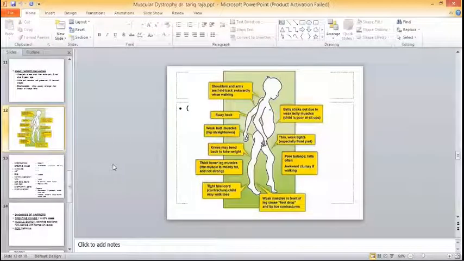So this is the pictorial and clinical presentation which you appreciate clinically whenever a child with classical signs and symptoms of Duchenne muscular dystrophy comes to you.